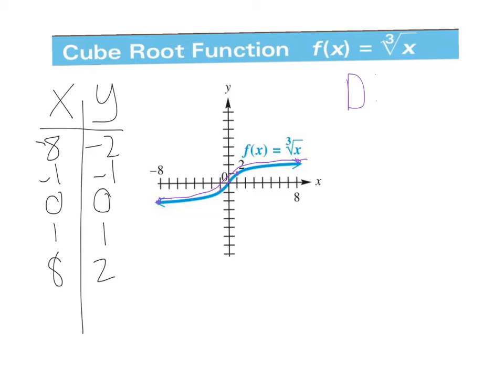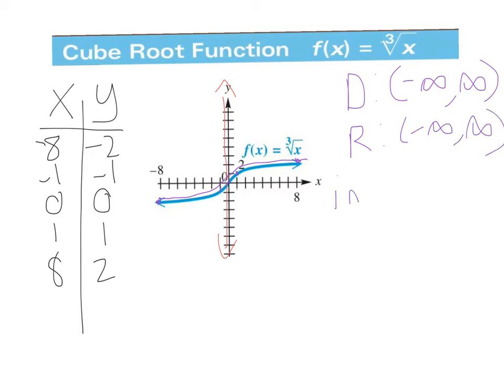So the domain, it keeps going to the left or right. There are no discontinuities, so it'd be from negative infinity to positive infinity. And the range, notice it keeps going in the positive and negative y directions, albeit slowly, but it still keeps going, so the range is still all real numbers, or all the numbers from negative infinity to positive infinity.